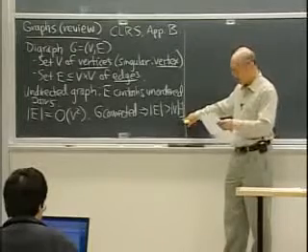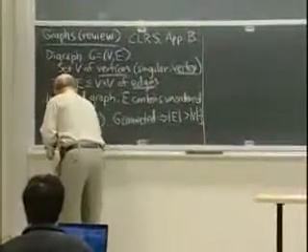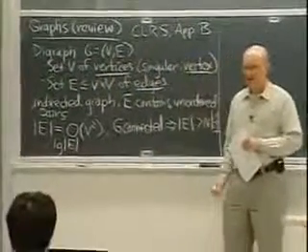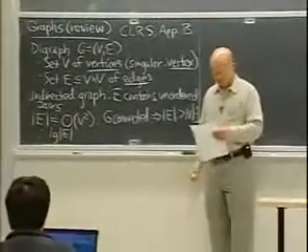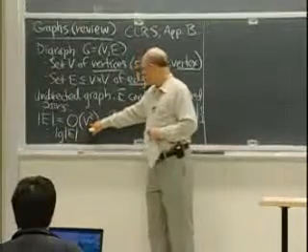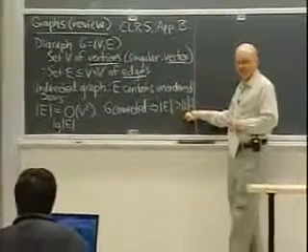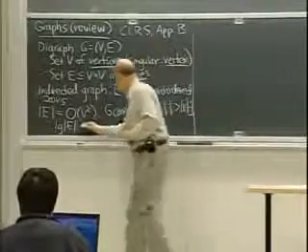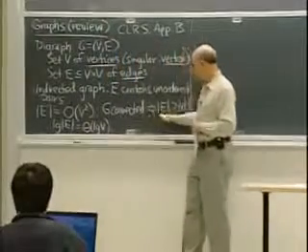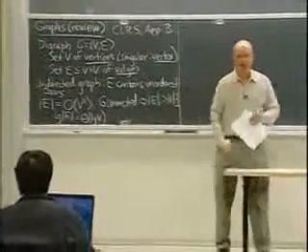One of the things I want to remind you of is that in that case, if I look at log E, the log of the number of edges, then by this it is O of log V, and by this it is omega of log V. So it's equal to theta of log V. Basically, in the case of a connected graph, the number of edges and the number of vertices are polynomially related, so their logs are comparable.